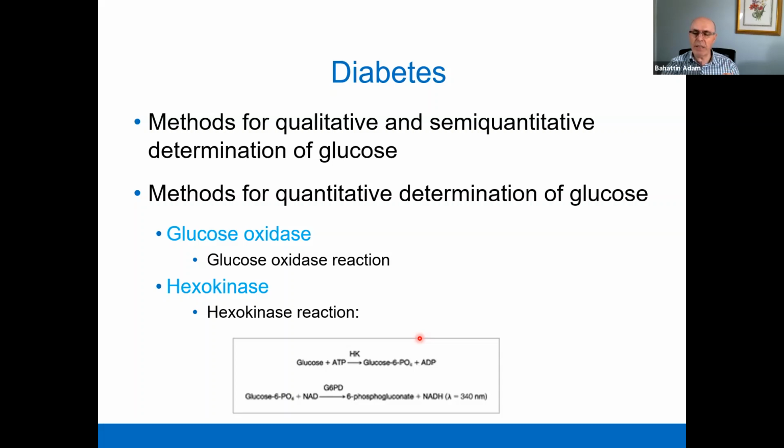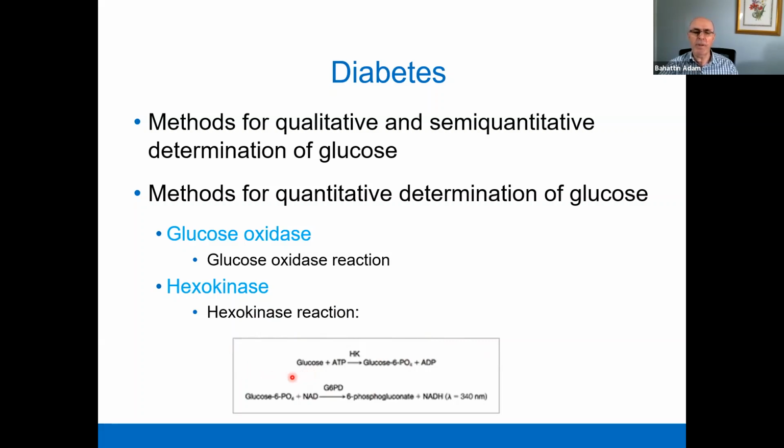These are enzymatic methods; most of the test procedures use one of these enzymes to measure the level, the concentration, of the glucose. As you see, this is an example of hexokinase methods.